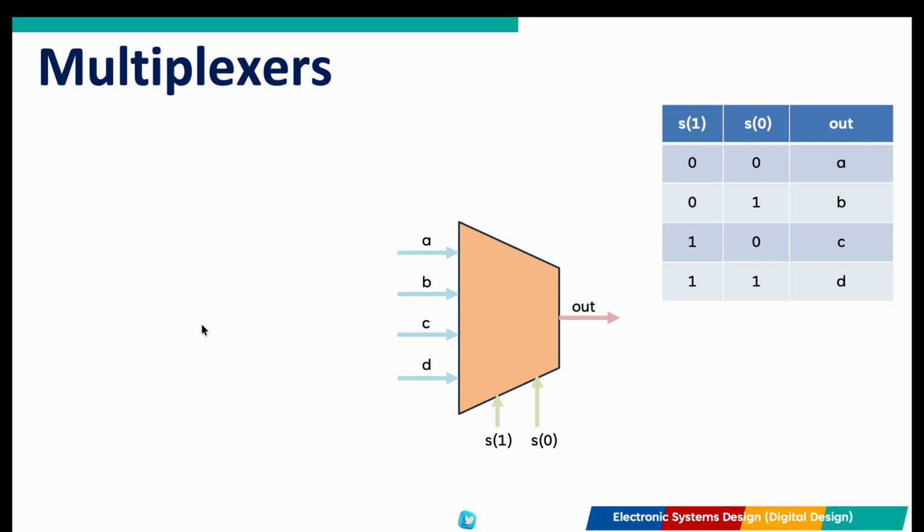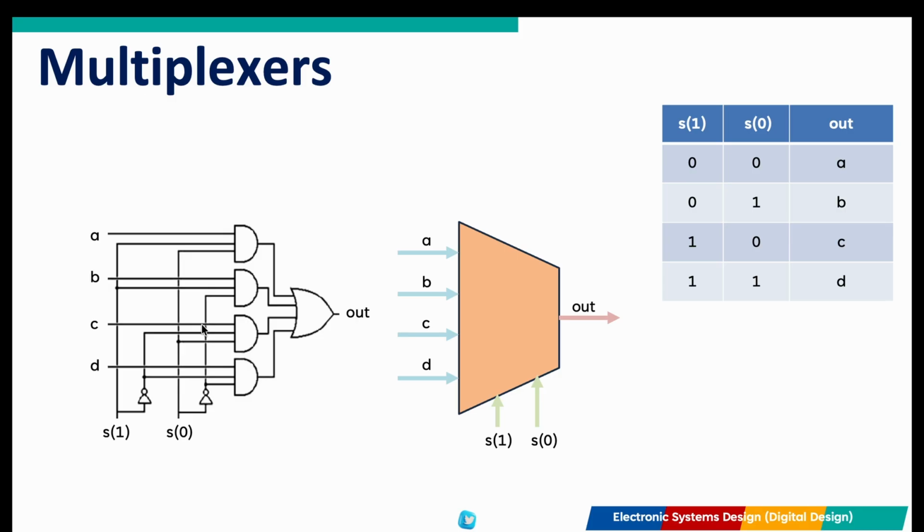But what is happening inside that trapezium? If we look into the internal logic, we see a beautiful arrangement of AND and OR gates. Each input is connected to a 3-input AND gate. The other 2 legs of those AND gates are connected to our select lines. Notice the inverters.